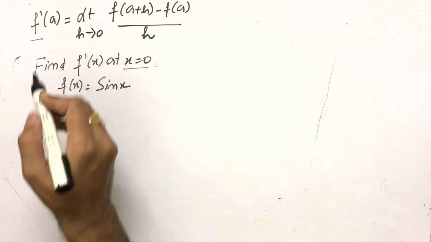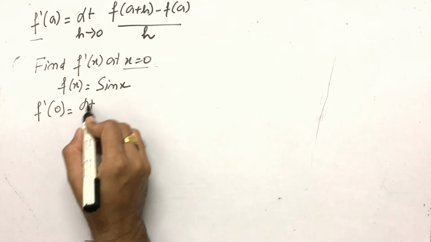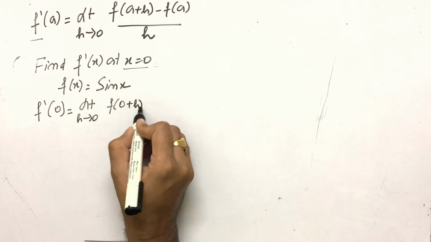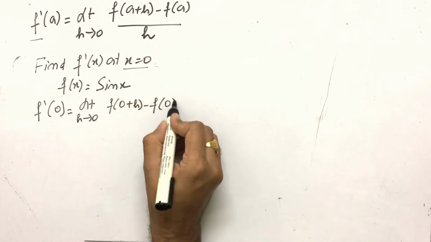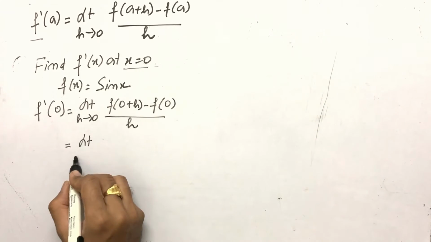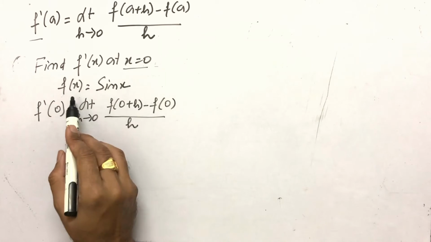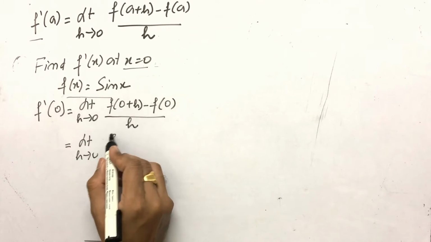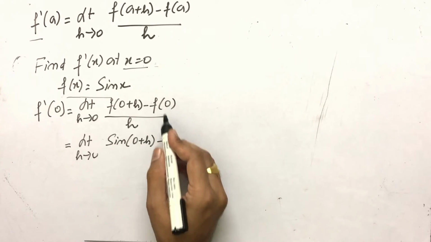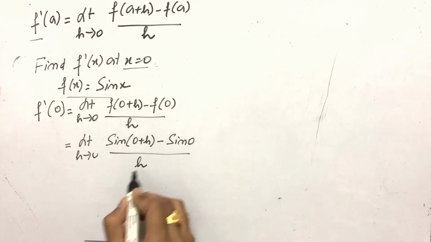So again from the formula, what we have to find? f'(0), limit h tends to 0, [f(0 + h) - f(0)] / h. So again from the given function, how much is f(0 + h)? As f(x) = sin x, this is sin(0 + h). And what is f(0)? sin 0, divided by h.